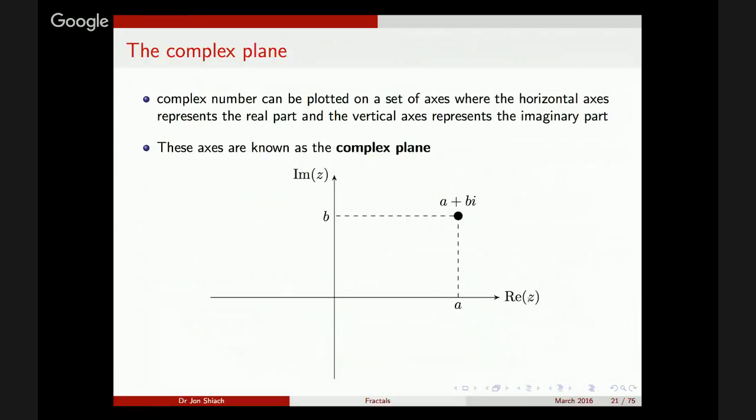The vertical axis is the imaginary part of the number z. So we have two axes, and we can plot a complex number using those two axes. If we have a plus bi, you go a along the real number line, you go b up the imaginary one, and we plot the point there.